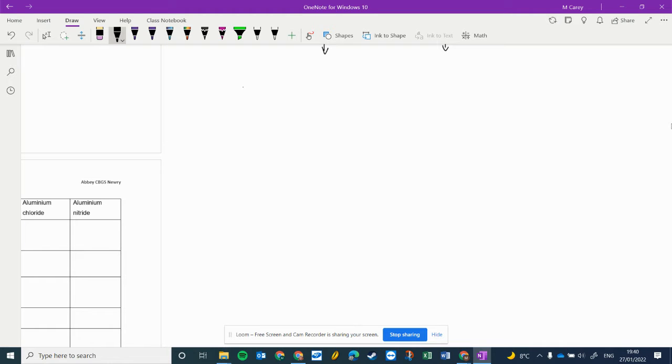So say chlorine plus potassium bromide gives you bromine plus potassium chloride, because the more reactive halogen takes the place of the less reactive halogen in the compound.